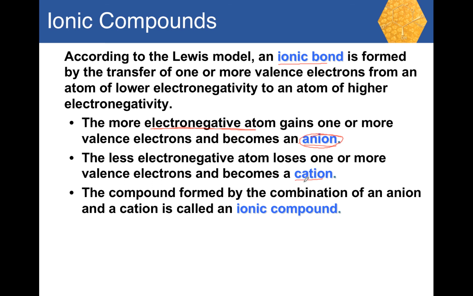The cations are made from the less electronegative atoms, or the atoms to the left of the periodic table. Once these anions and cations are made, they form an ionic compound.